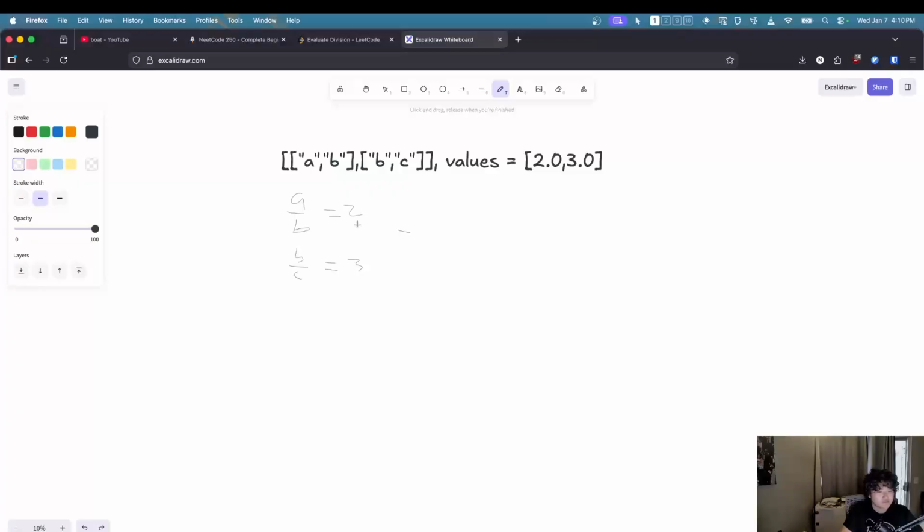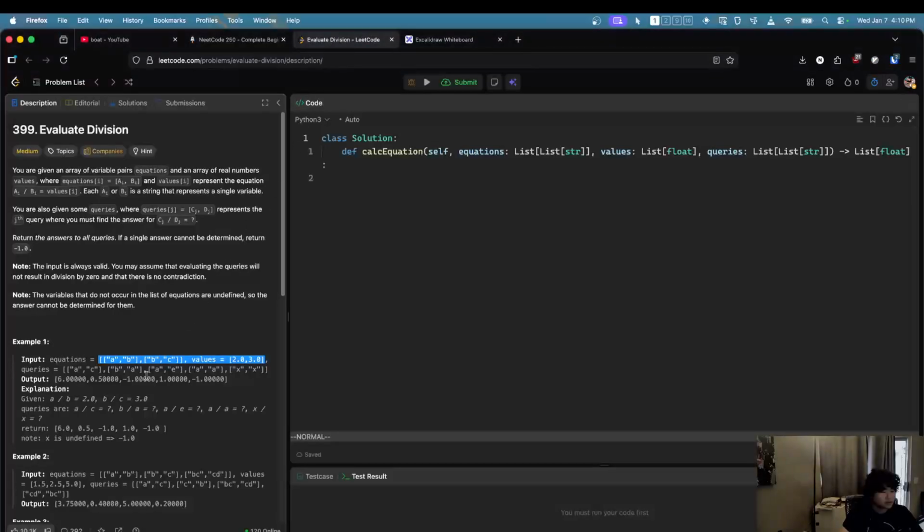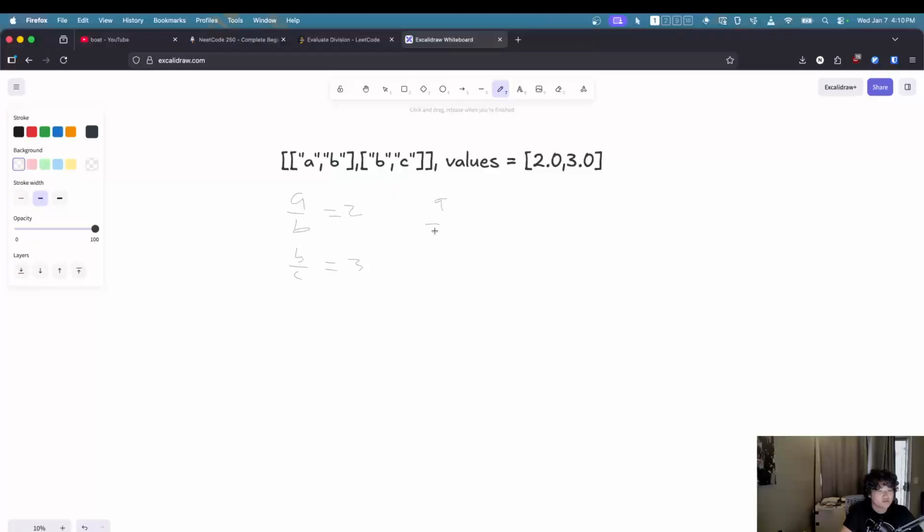From this statement here, then we can just deduce, well, I was thinking of solving them out. And then the query is saying A, C, so we have A divided by C. So what is this? Well, this is basically saying C over B equals 1 over 3, and like the inverse, we have that information.